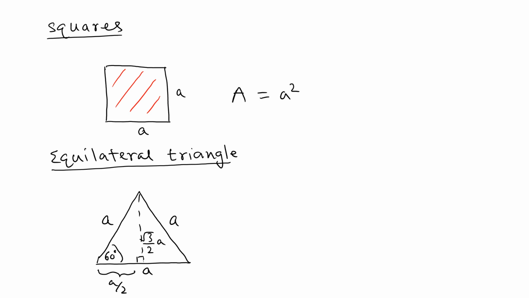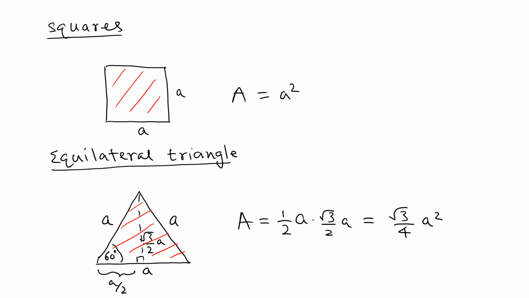So that means we know the height, we know the length of the base. So the area is going to be half, base is a, height is square root 3 over 2 a. This simplifies to square root 3 over 4 a squared. So it's worth remembering this formula. If the cross sections are equilateral triangles, you can directly use this formula.